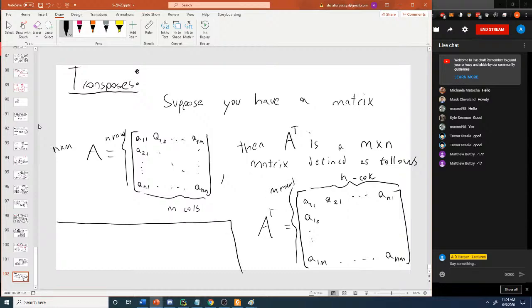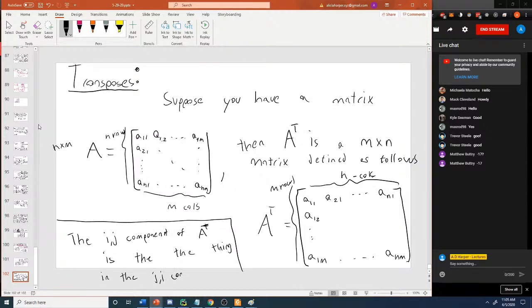If you want to write this formulaically, the ij component of A transpose, and this is the thing in the ith row and jth column, is the thing in the ji component of A. So the way I usually like to picture this is I imagine that I'm taking my matrix and just spinning it around.